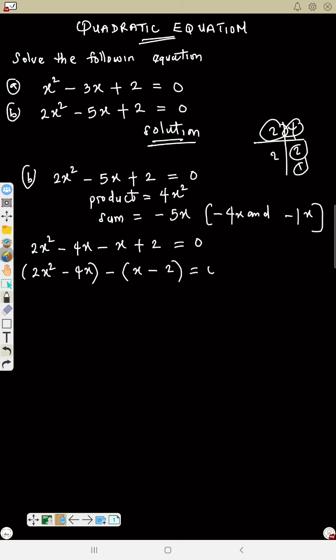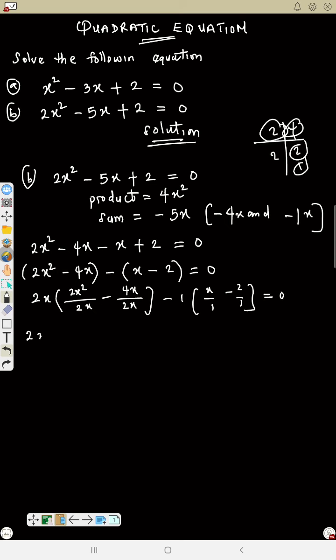Now what is common? 2x is common here, because in 2 and 4, 2 is common, x squared and x, x is common. And anything that is common, divide through by that. So 2x squared divided by 2x, then minus 4x divided by 2x, minus 1 times x over 1 minus 2 over 1 equals 0.